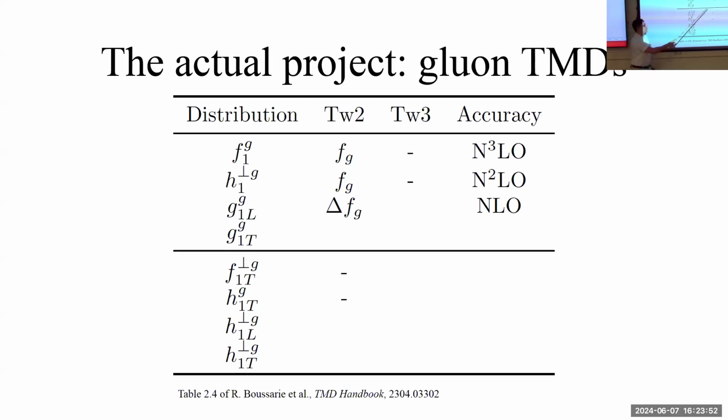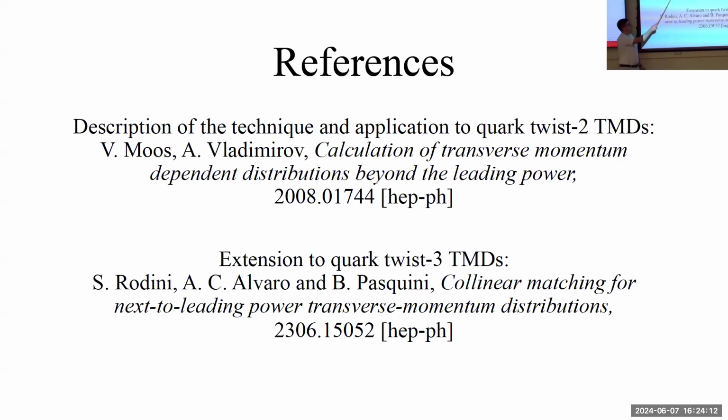Our aim is to fill all the gaps, surely at twist 3 level and at 1 loop, for those TMDs where the hardness of the calculation is compensated by immediate applicability in phenomenology. So I left the references where the technique is described, and our article, mine with my supervisor, on the collinear PDF with a collinear matching for the twist 3 distribution. Thank you.